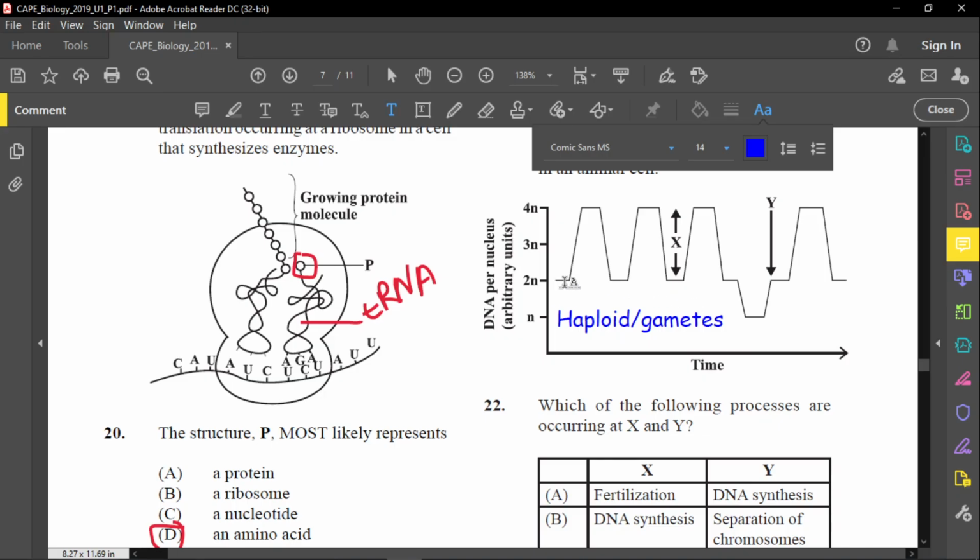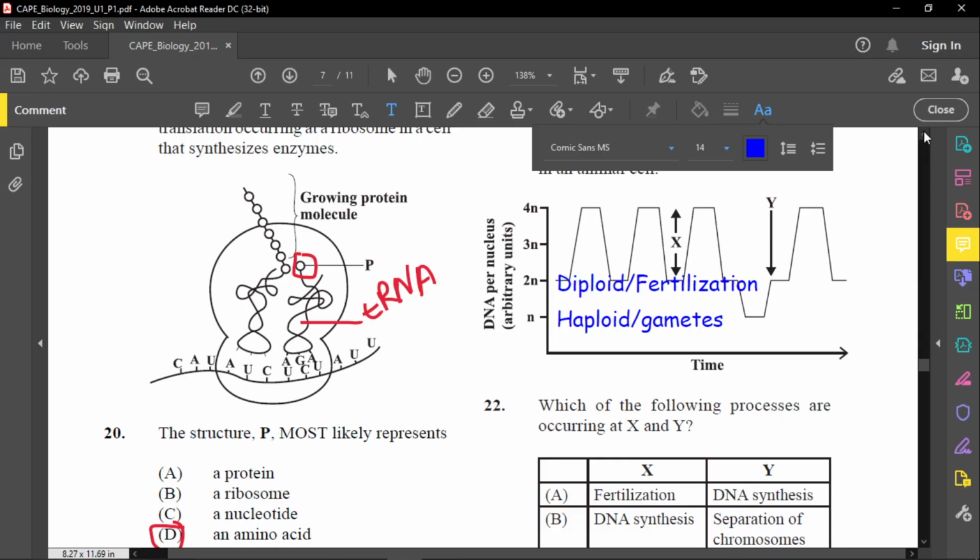So that means the cell that formed after fertilization. So this is diploid or fertilization.